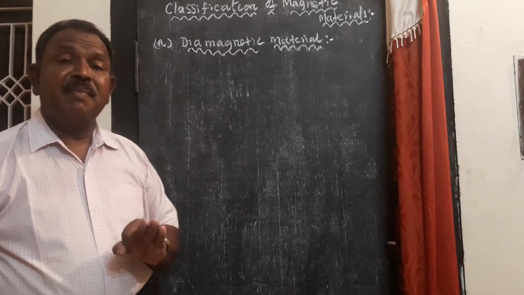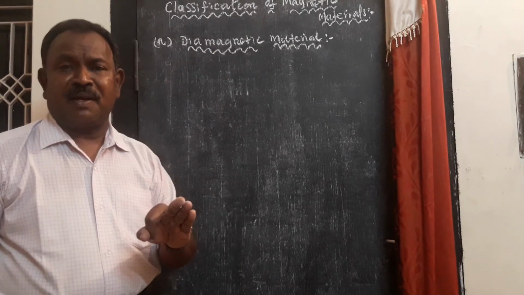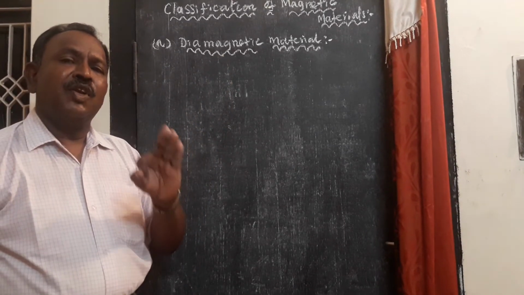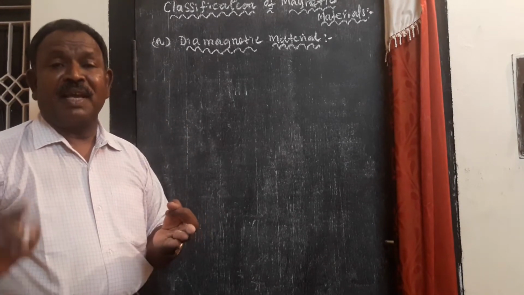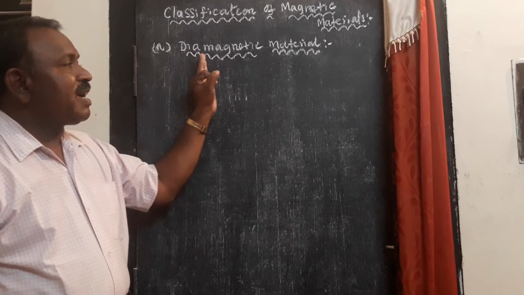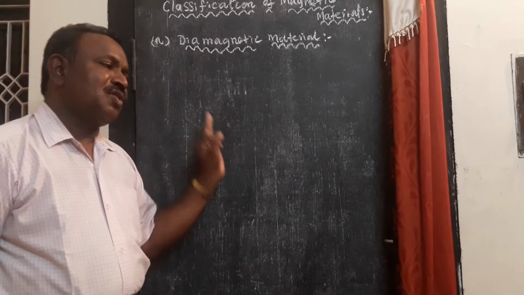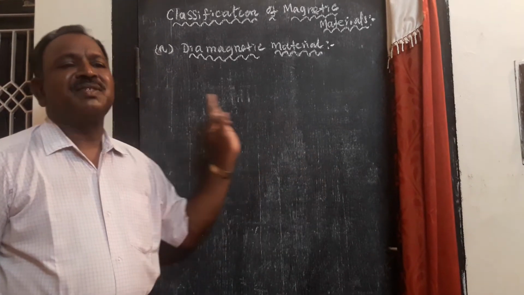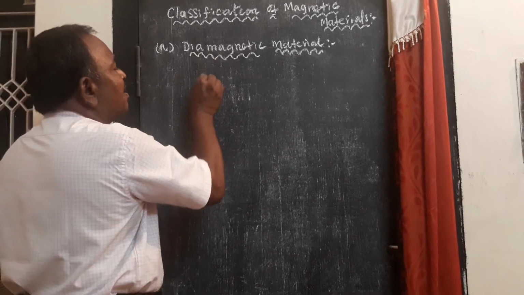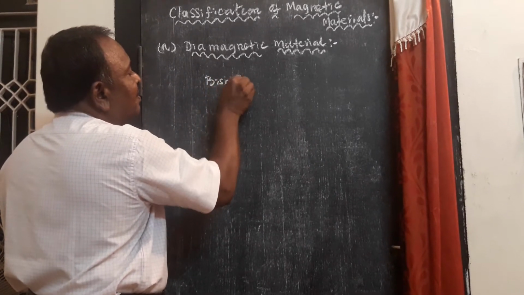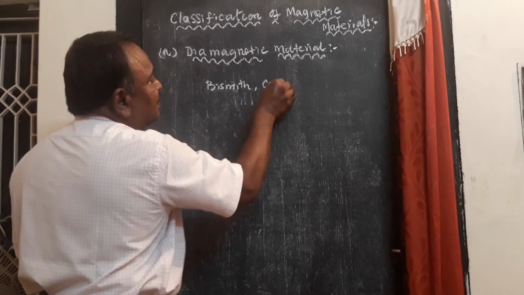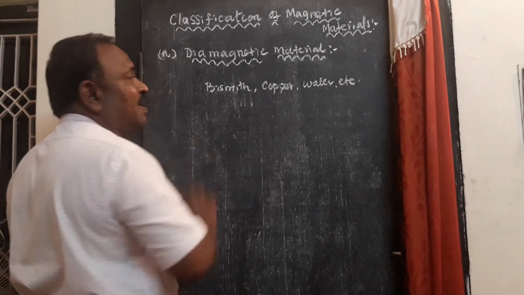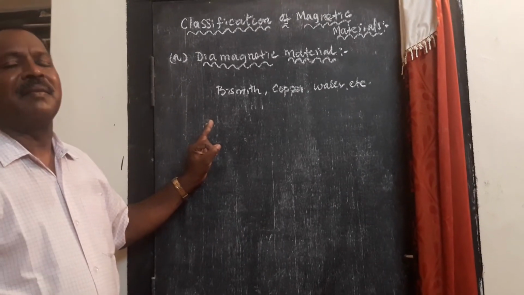When such a diamagnetic material is kept in a non-uniform magnetic field, due to the induced magnetic moment, it will experience a force which will make the diamagnetic material move from the stronger region of the external field to the weaker region. Examples of diamagnetic material are bismuth, copper, water, etc.